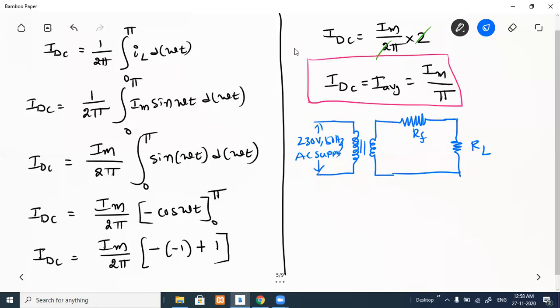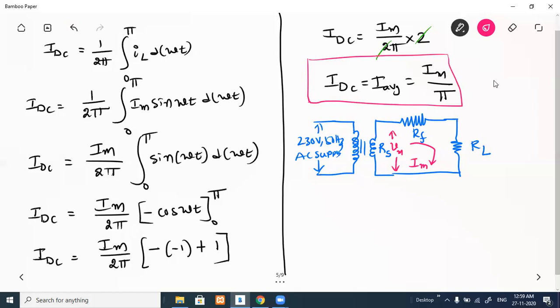The secondary winding resistance we represent as RS. Across the secondary, we get a voltage, which we assume as VM, the peak value of the AC voltage or secondary voltage. Because of this, some current flows through the circuit, which I assume as peak current IM. From this equivalent circuit, we can easily calculate IM.